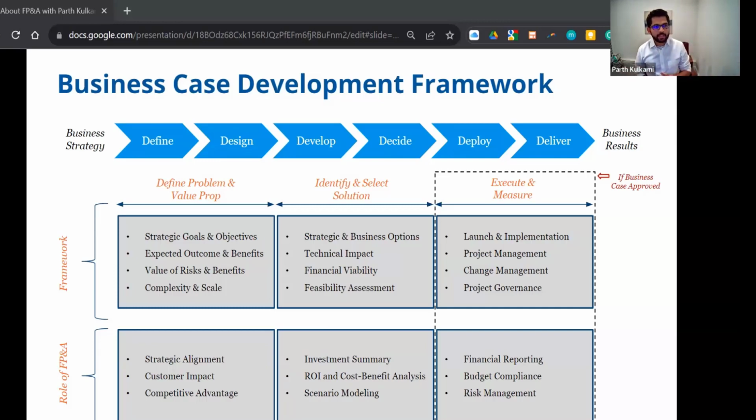The first step is to define the business problem. Here, companies are concerned with outlining the objective that we are trying to solve for. What is the business problem that we are trying to solve for?